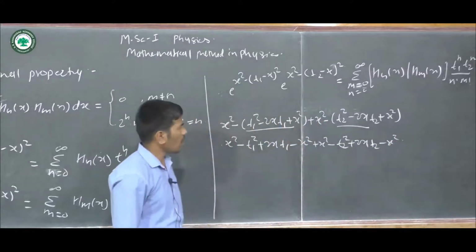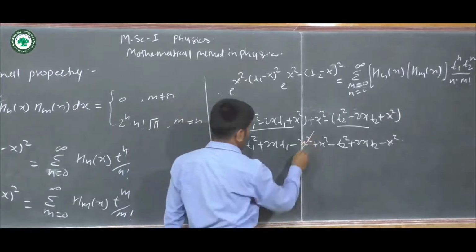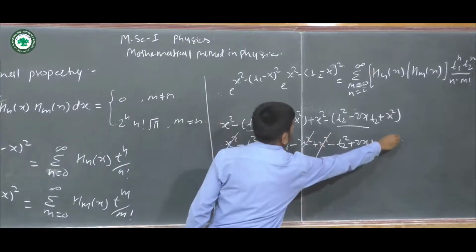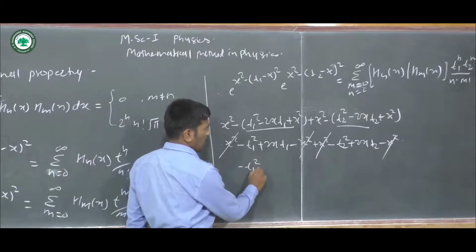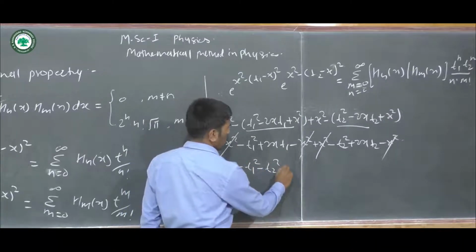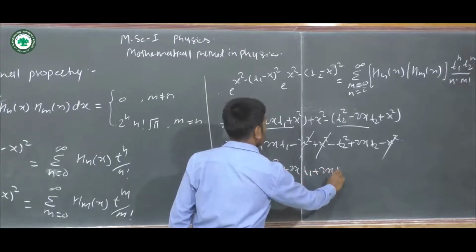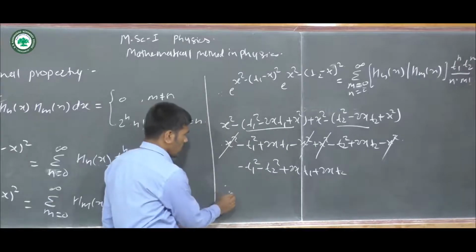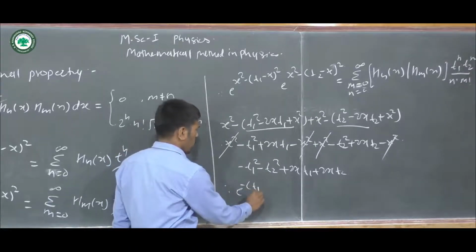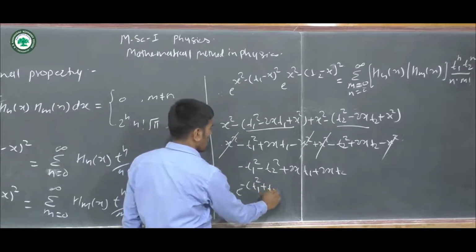Here the x square terms will cancel out, and we get minus t1 square minus t2 square plus 2x t1 plus 2x t2.